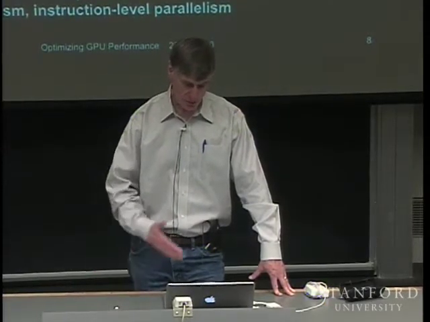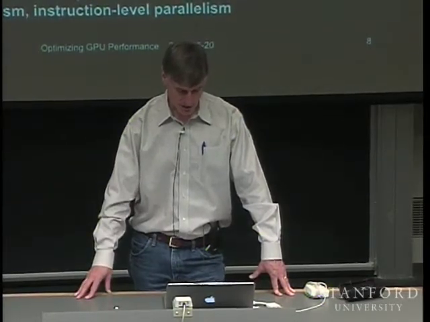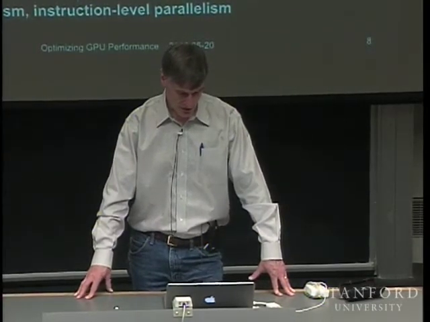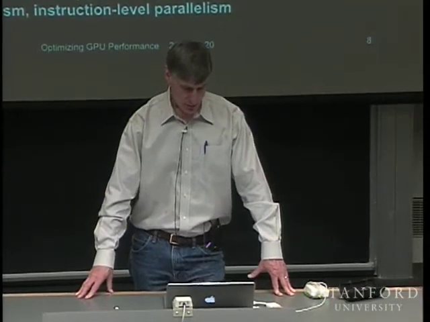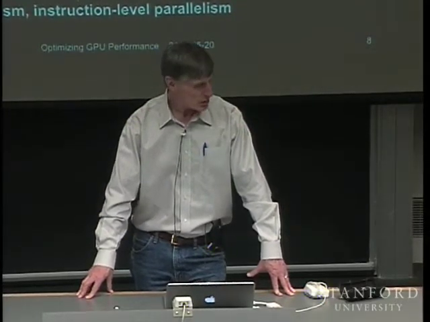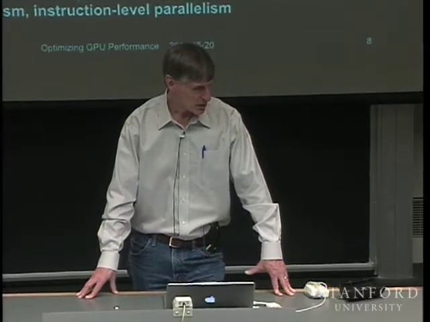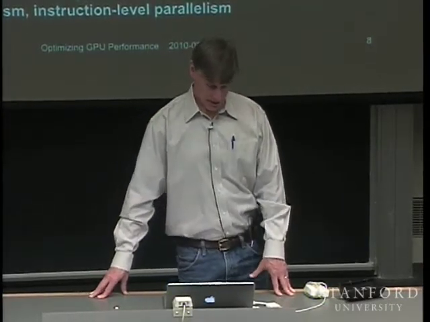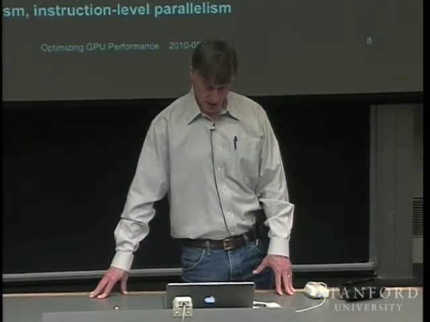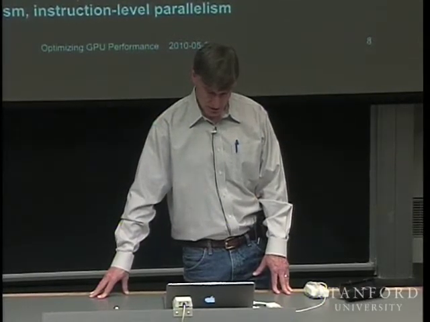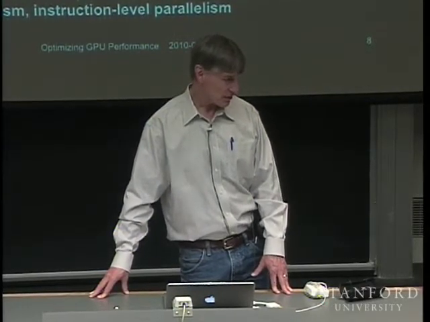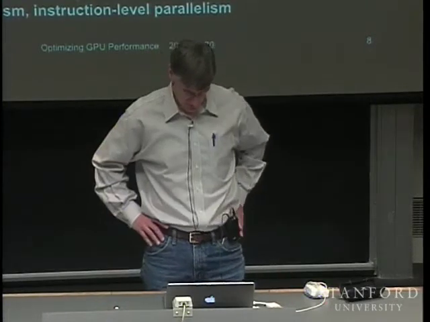But just in terms of keeping this machine full, if you take, let's say, 512 threads per block and you want to have 100 blocks or 1,000 blocks, that's somewhere between 10,000 threads to 500,000 threads just to make the machine happy.